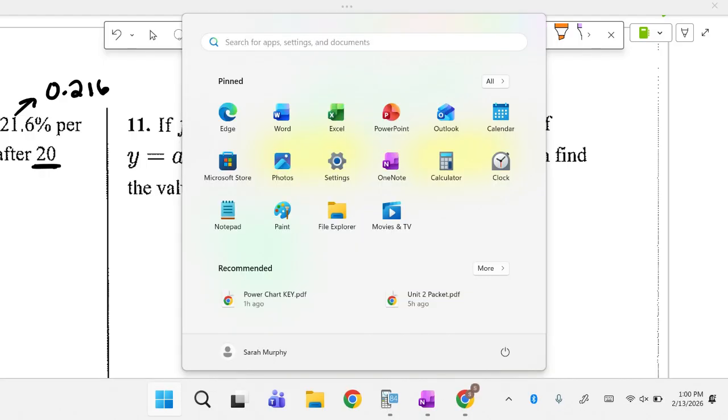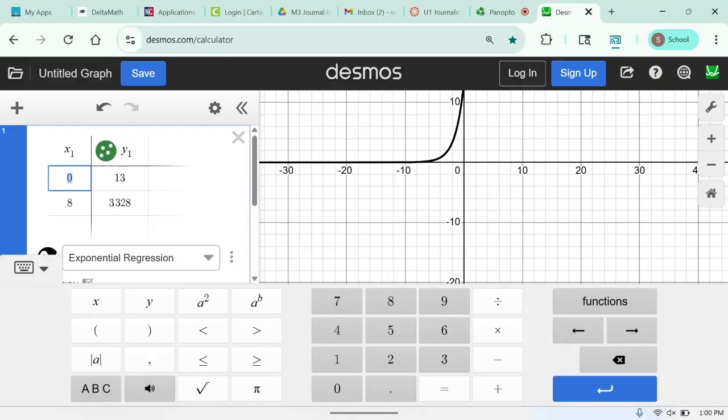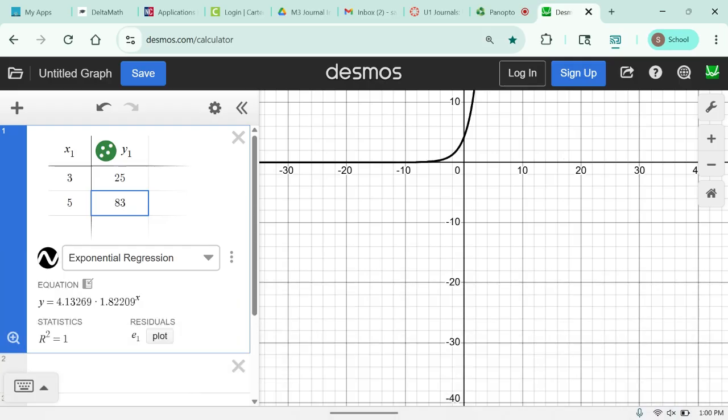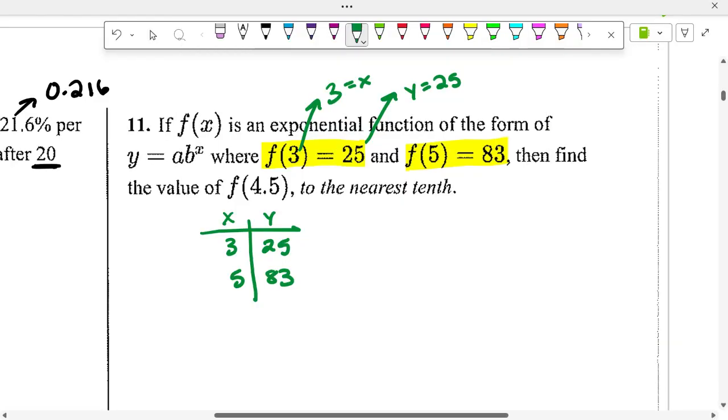So I'm going to put this in Desmos very quickly. So I have 3, 25, 5, 83. So this is my function. Now, it doesn't want the function. What it wants is f of 4.5.